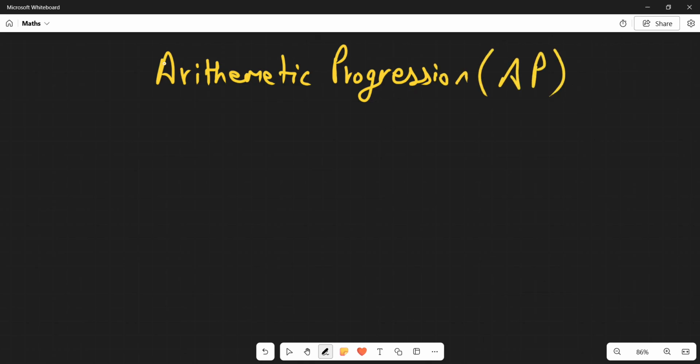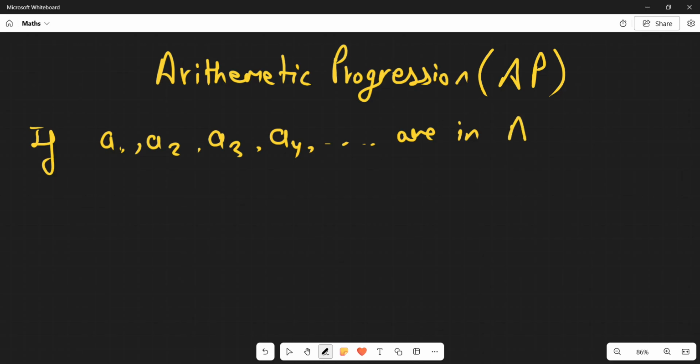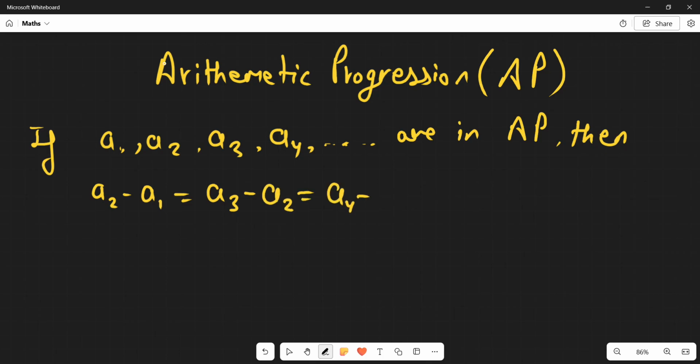Arithmetic progression, or AP. If A1, A2, A3, A4 and so on are in AP, so if a sequence of terms is given to us and it is an AP, then A2 minus A1 equals A3 minus A2 equals A4 minus A3.